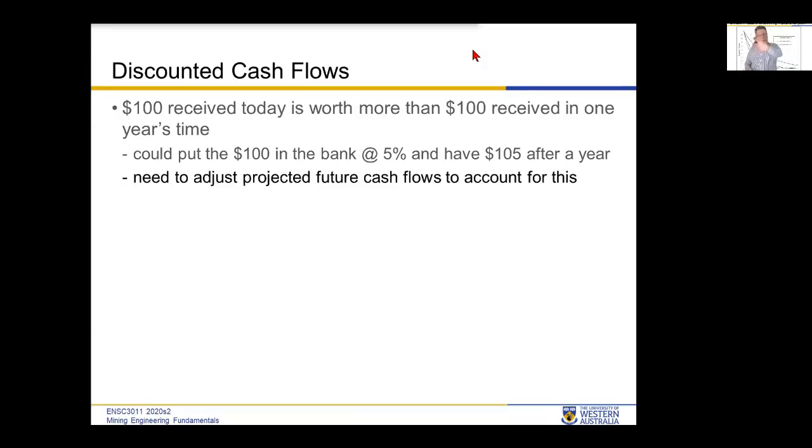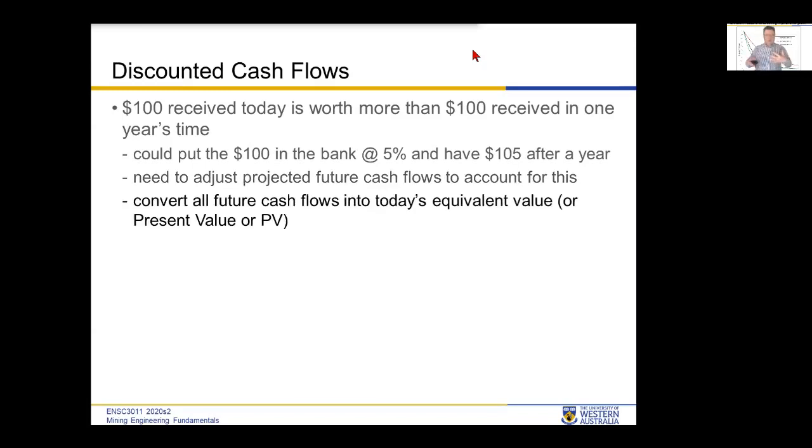So that means $100 in 5 years' time. How do we equate that to $100 in today's money? We do that by converting everything into the present value, or PV as it's sometimes called. We convert into equivalent today's money, and this is called discounting.